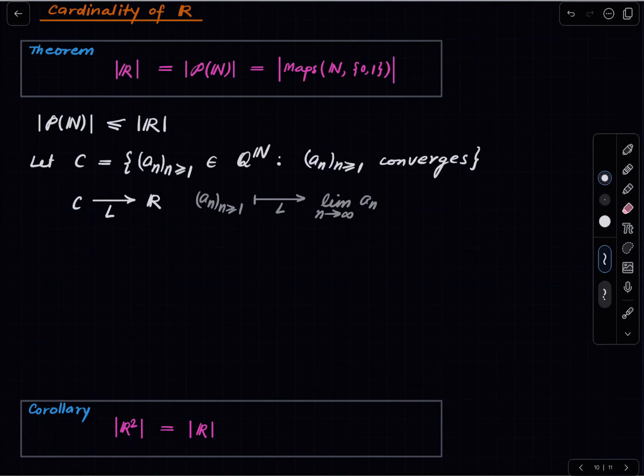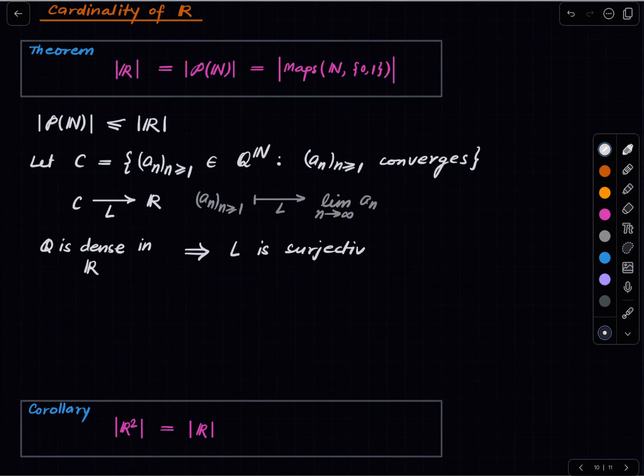So why is L surjective? The density of rationals, Q is dense in R, implies that L is surjective, which implies that the cardinality of C is at least the cardinality of R, but C is contained in the set of all rational sequences.